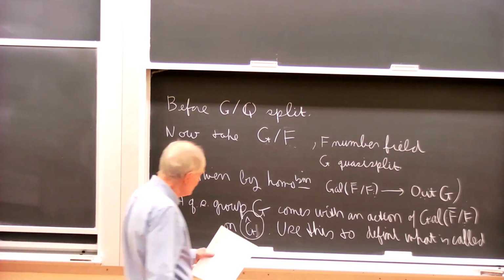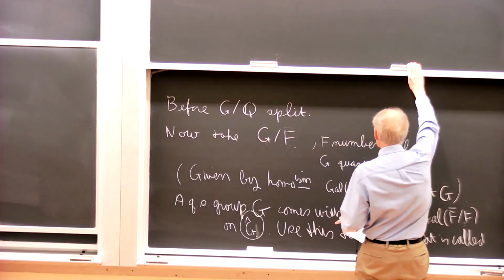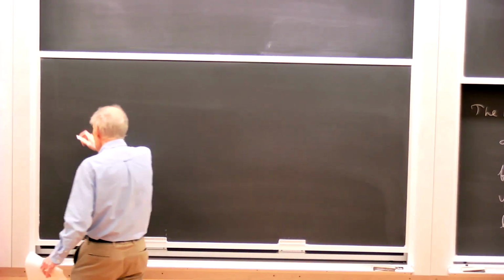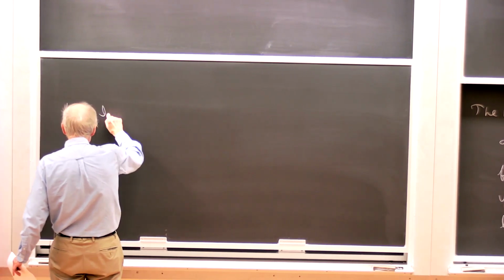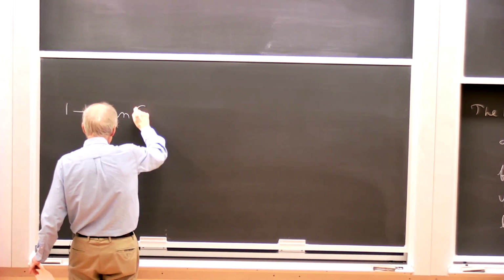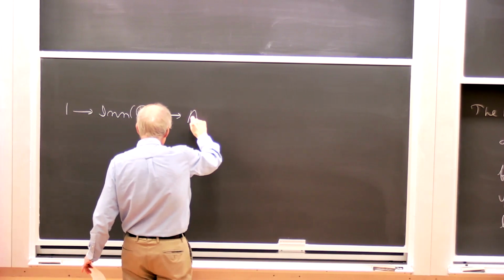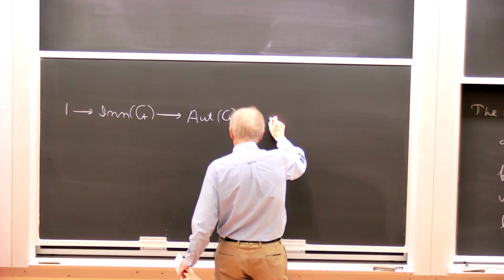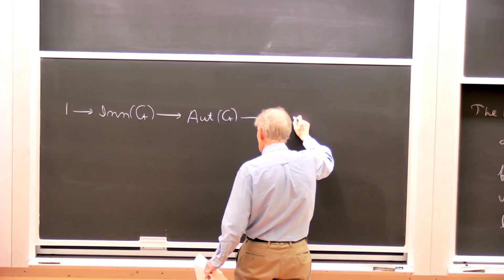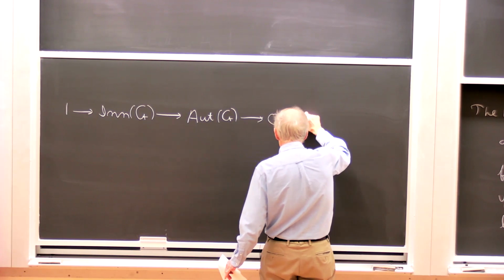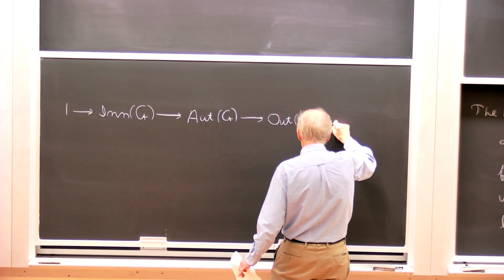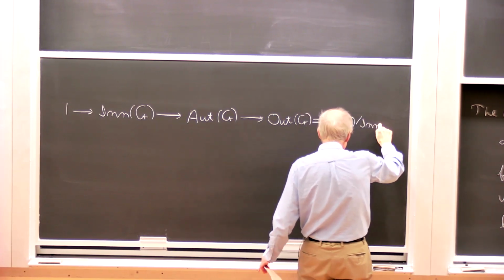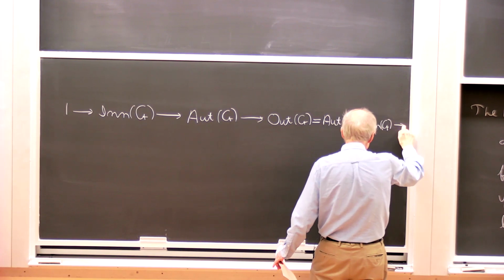So you have the group of inner automorphisms of G, you have the group of all automorphisms of G, and then you have the quotient, and this is what's often written as Out(G), equals the automorphisms of G modulo inner automorphisms of G, and 1.